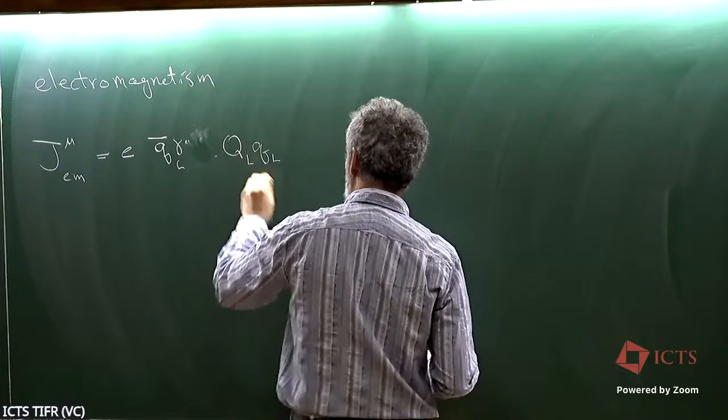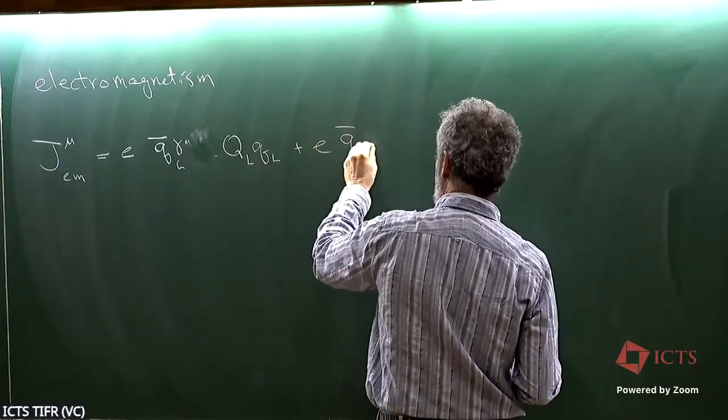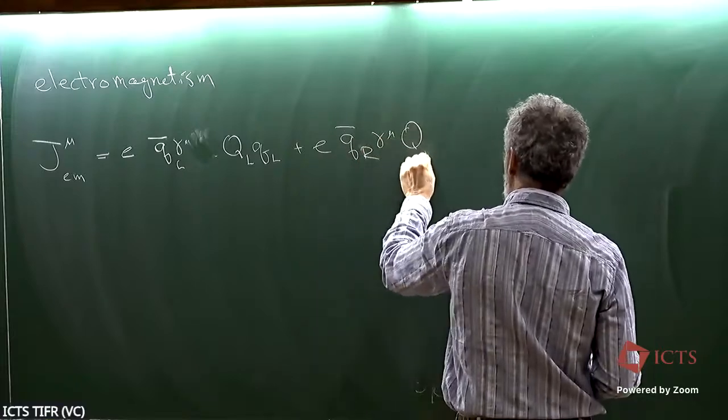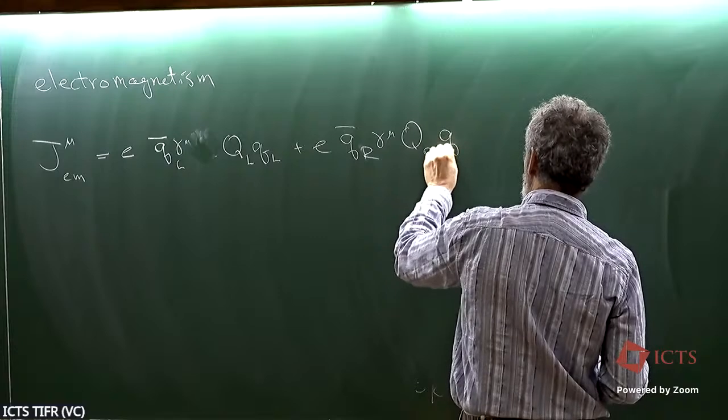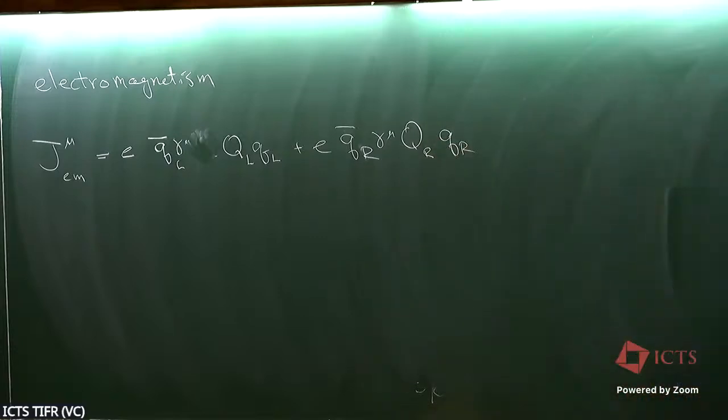I'll call this Q-bar left plus e times Q-bar right gamma mu capital Q right Q right. This is a generic way that a gauge boson would couple to the quarks through some coupling to the right-handed quarks and to some possibly independent coupling to the left-handed quarks.